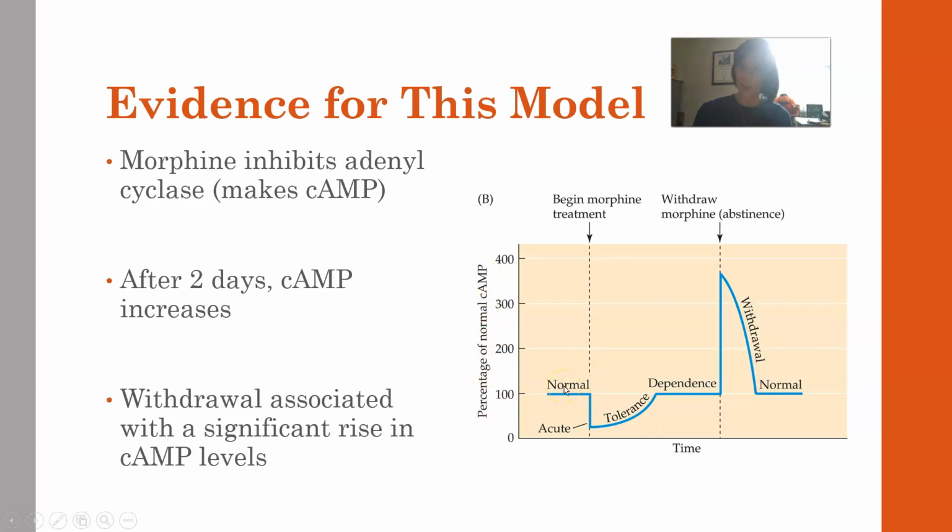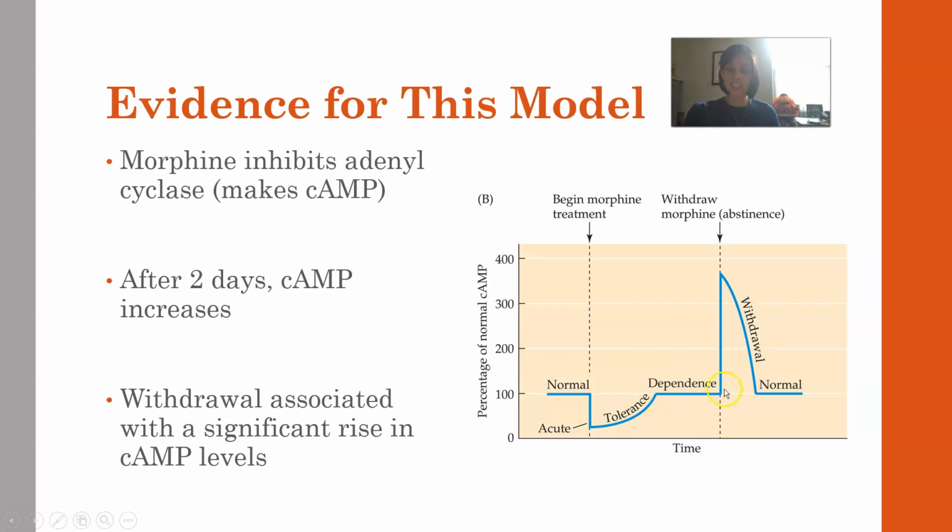Because morphine has this inhibitory effect, once I introduce morphine, you can see that we temporarily get a loss of cyclic AMP due to the inhibition of adenyl cyclase. We get this loss, but over time, notice that we get back to that normal state. And that's because our body is engaged in these compensatory mechanisms while we're taking the drug.